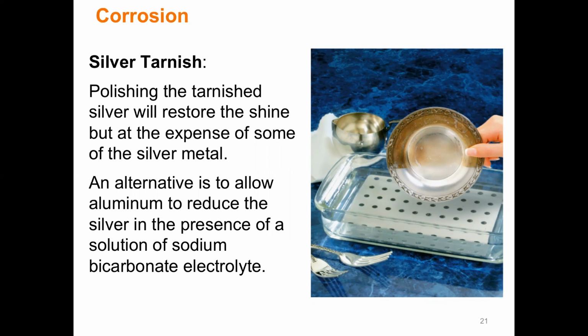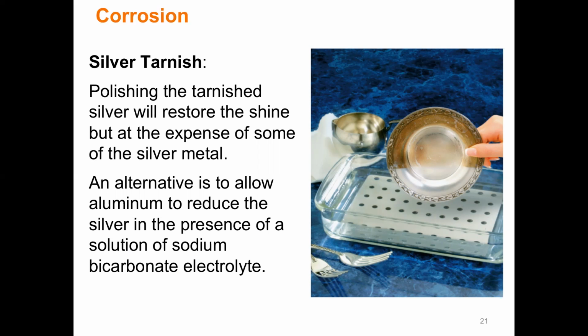The other way to do it is to allow for a reverse reaction, and you can use aluminum. You can see these aluminum trays, and they used to sell this at fairs and stuff like that. It's like this magic plate that would restore your silver. But the interesting thing is that this is the preferred way, because the idea is to keep your silver and you don't lose it.